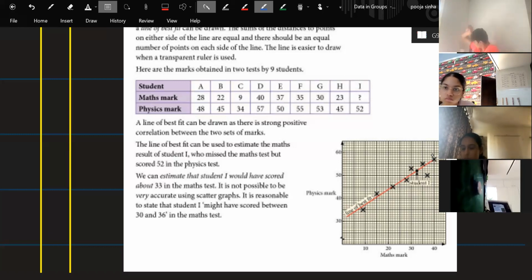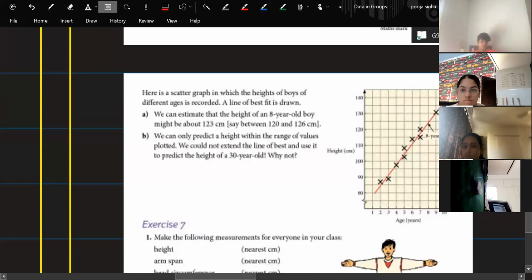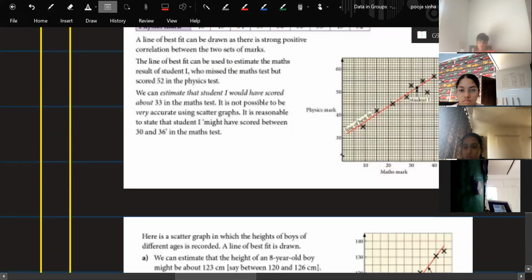Keep it like this. Is my line of best fit and correlations clear to us? Yeah. Okay. Wait, what is line of best fit? This line that we just made, Shamik. Okay. That line. What is this line of best fit? Tell me. What did I just tell you about line of best fit? Say, Kyra. Upwards it's positive.